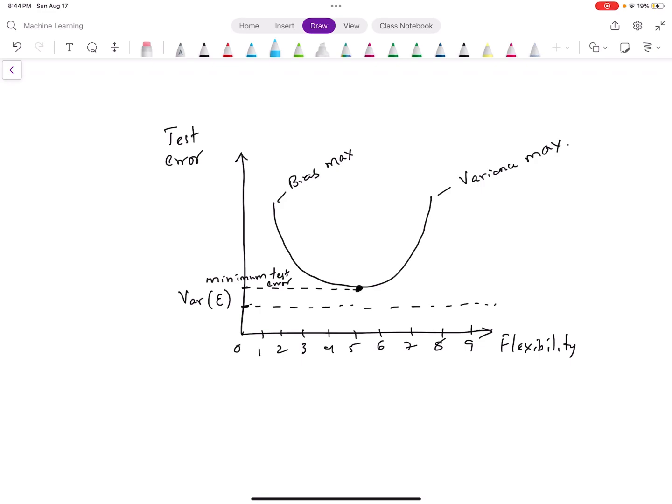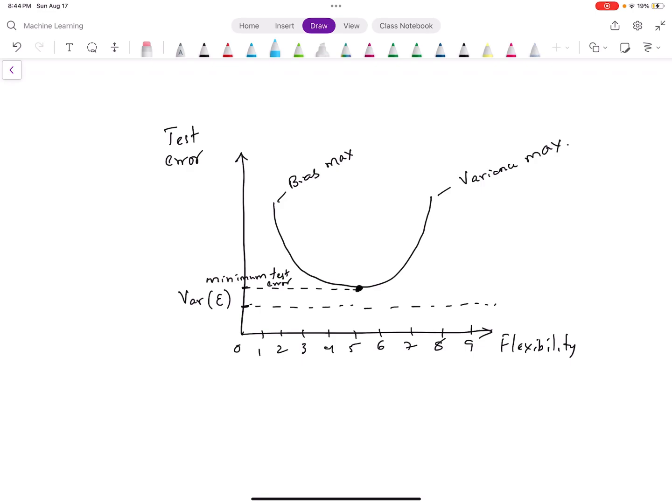Now, in plotting the flexibility of a model versus the testing error, we obtain a convex shaped curve as shown here, where for smaller degrees of freedom or lower flexibility, the bias plays a major role.